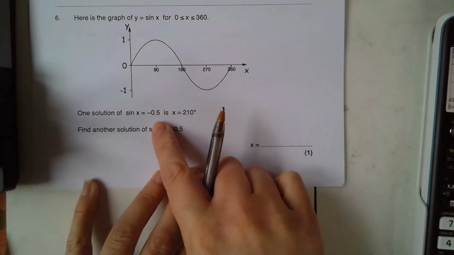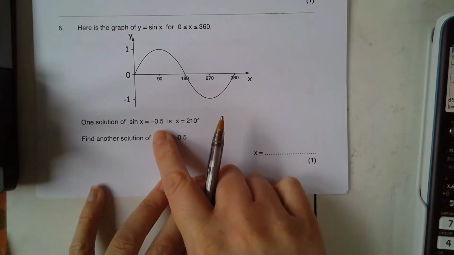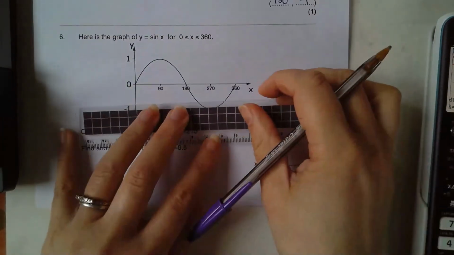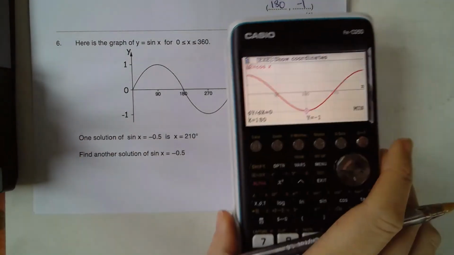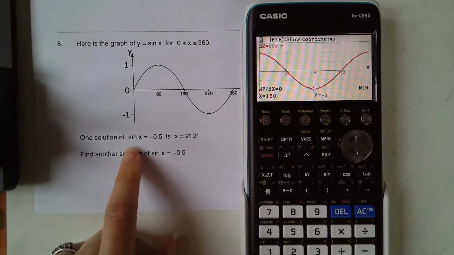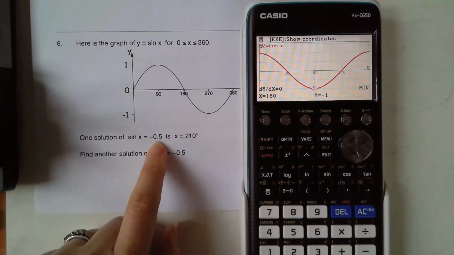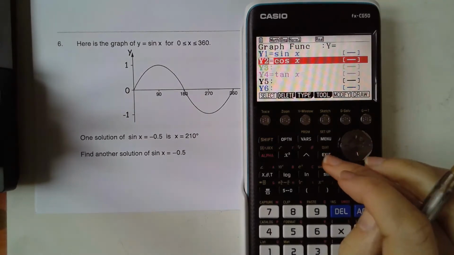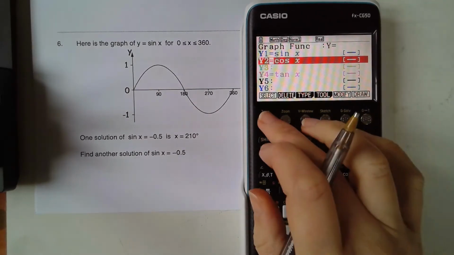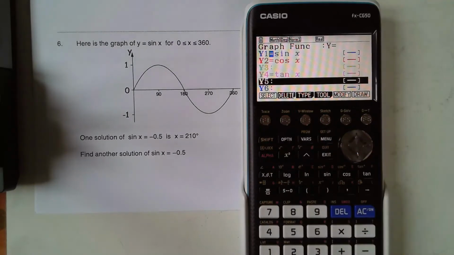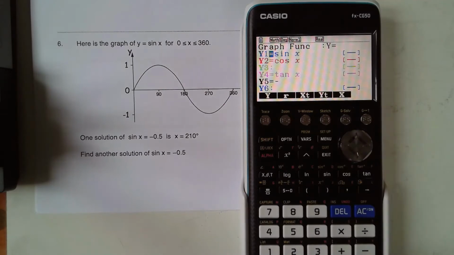Here it says one solution of sine x equals -0.5 is 210, and then it wants the other solution. So what we can actually draw here is I want the sine curve here, and I'm going to also draw the line y equals -0.5.